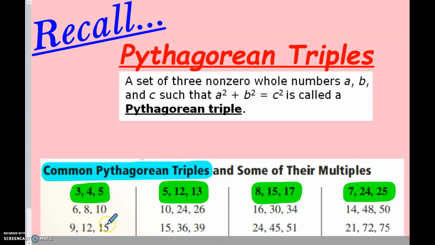Going back to the original triple, this would be considered a family of Pythagorean triples. 5, 12, 13 is a Pythagorean triple because they are whole numbers and 5 squared plus 12 squared equals 13 squared. And underneath here, these are all part of the same family because they are multiples of each other.